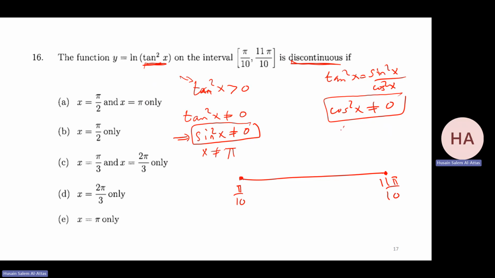So this will give me pi, and this will give me pi over 2. So I need to avoid pi over 2, and this one I need to avoid pi. So x is discontinuous if x equal pi over 2 and x equal pi only.